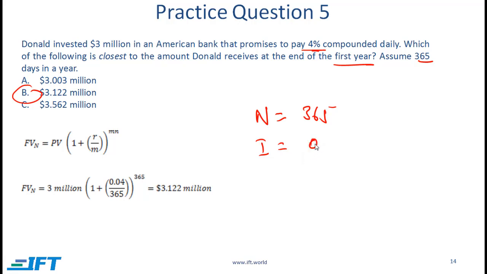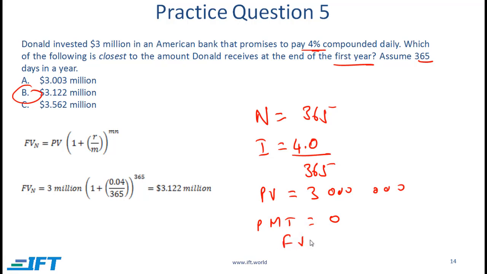We put this in as 4% divided by 365. That's your return per day. And then the present value is equal to 3 million. The payments are equal to 0, and the future value is what you have to compute. Here is what you should get.